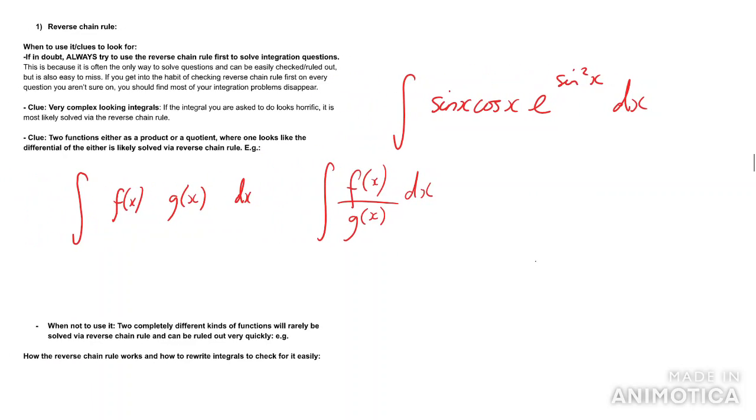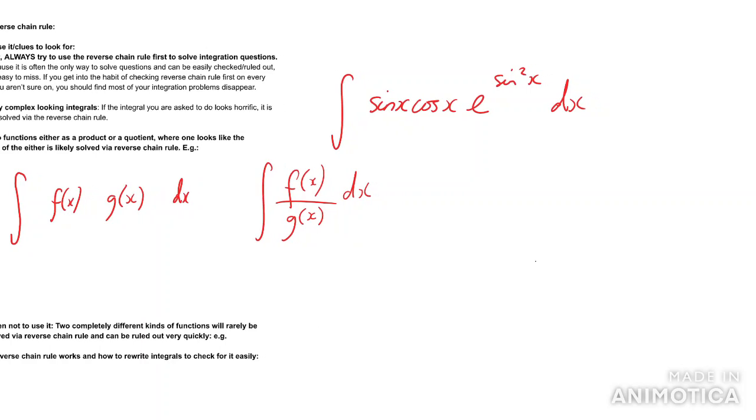Now that's easier said than done. It's often very hard to spot when one's a differential of the other, but that's just the crux of how the reverse chain rule works. So for example, if you take that nasty looking integral above, you should notice there's arguably two functions. You could say that there's sine x cos x, and there's this guy, e to sine x sine squared x. And then you just have to ask yourself, is one of them the differential of the other?